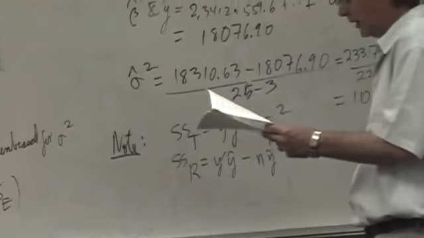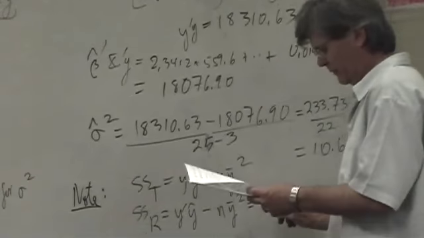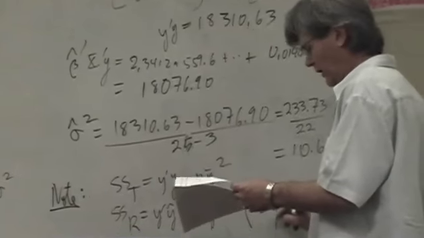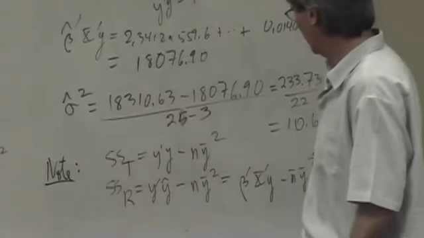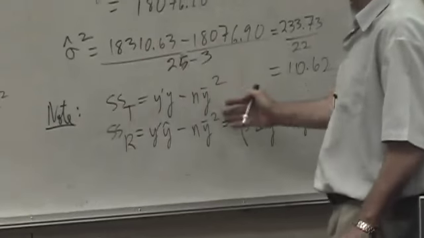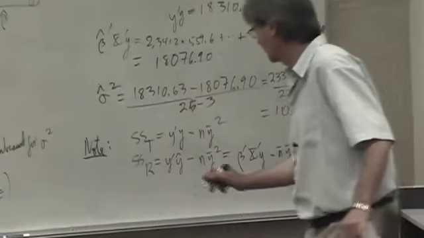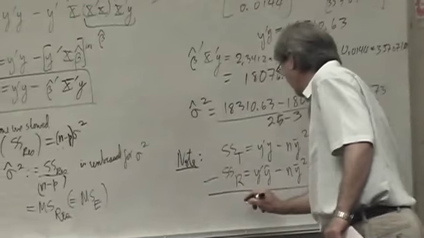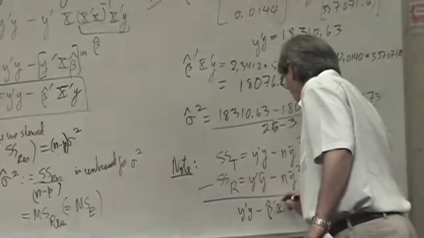You can actually go through the calculation. If I take the difference of these, I get exactly the same thing. What's happening is the n y bar squareds cancel. So when I subtract these, I get y prime y minus beta hat prime x prime y.